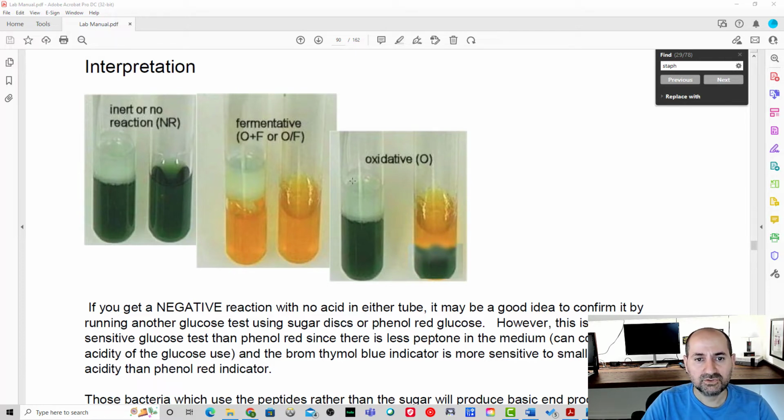Remember, one of the tubes had a mineral oil overlay, that's your fermentative tube, and the other tube did not have the oil overlay, that is your oxidative tube. So a result such as this would indicate oxidative respiration, and a result such as this would indicate oxidative and fermentative, so it would be fermentative.